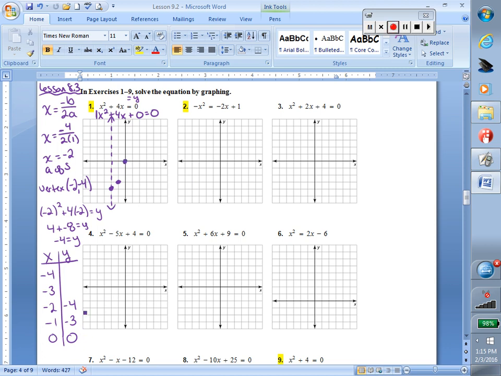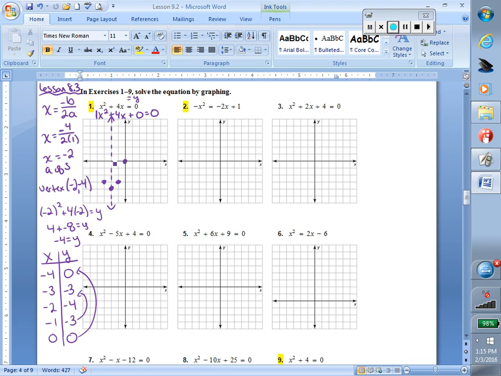Again, our table is symmetric, so don't spend a lot of time putting negative 3 and negative 4 in for x. You can if you want to. But remember, our graph is symmetric, so these two values should match, and these two values should match. Or you can use your axis of symmetry. My point right here is 1 away on the right, so I have 1 away on the left.